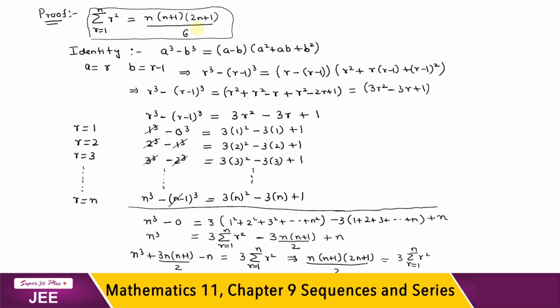Let's move further and prove our third series, which is sigma r cube, r equals 1 to n, and this is equal to n square (n plus 1) whole square divided by 4. See, in sigma r square, we had taken the identity n cube minus (n minus 1) whole cube, or r cube minus (r minus 1) whole cube.